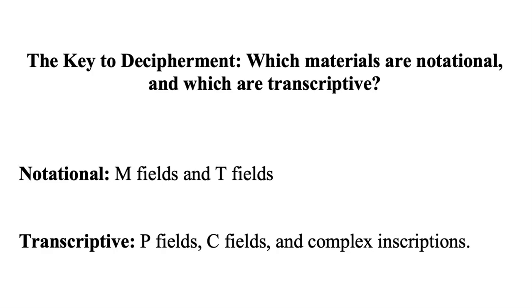All right, well, from what we've seen, certainly the M fields are notational, and we're going to argue that T fields are as well. We'll leave that aside for now, but T fields, because of their brevity and the extreme rigidity of their occurrence, the jar sign, for example, just never occurs.